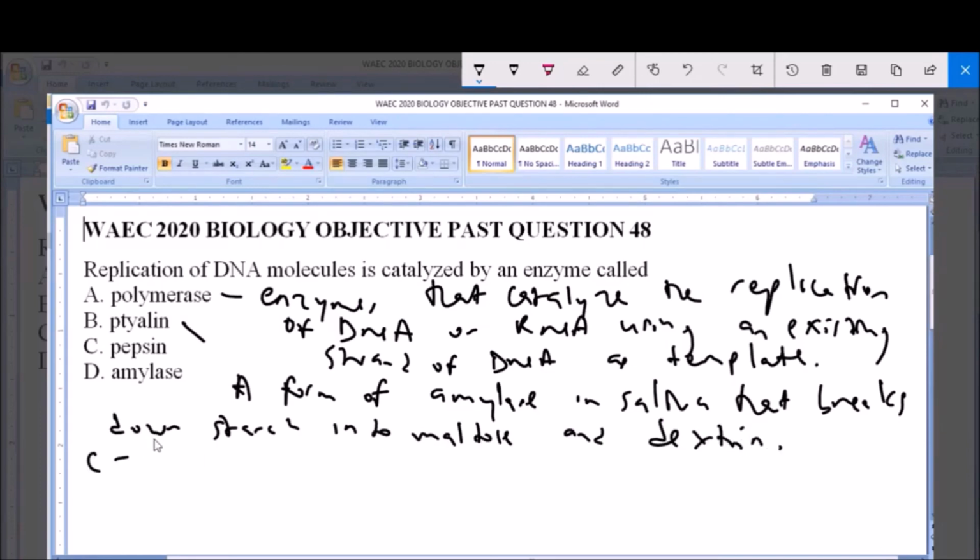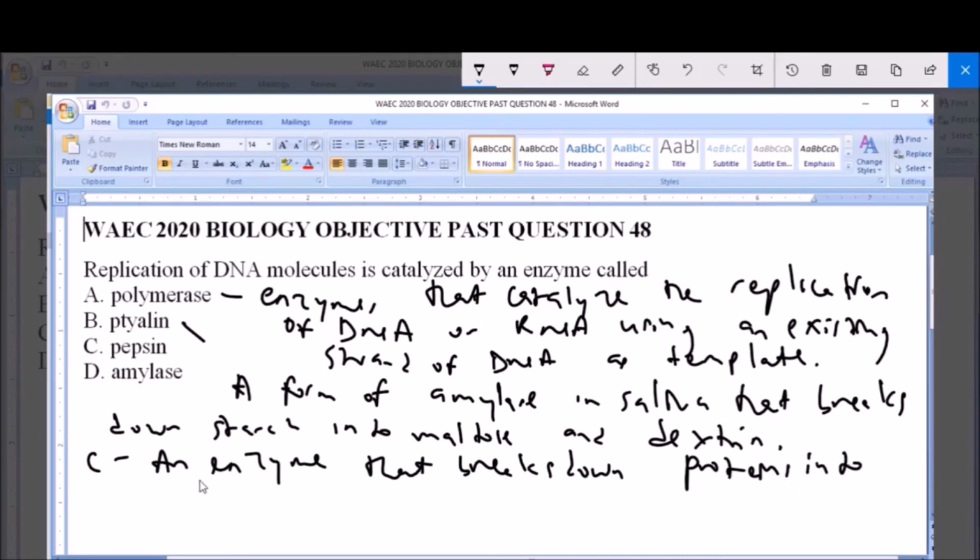Now option C, which is pepsin, refers to an enzyme that breaks down proteins into amino acids.